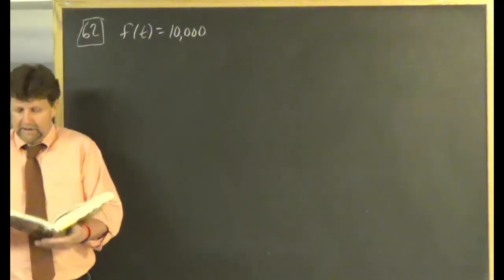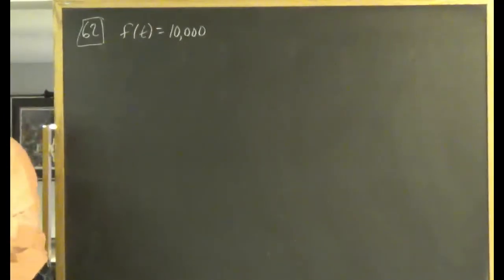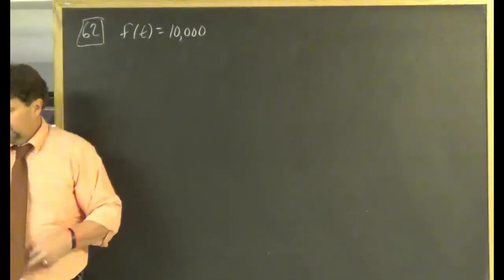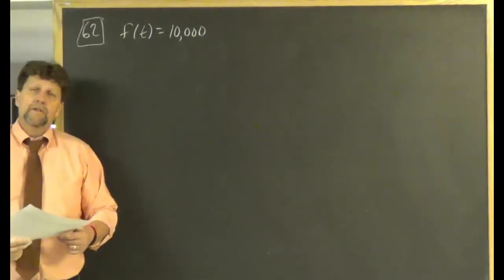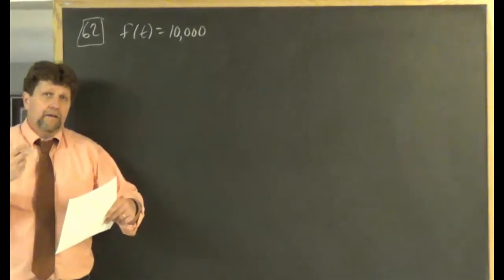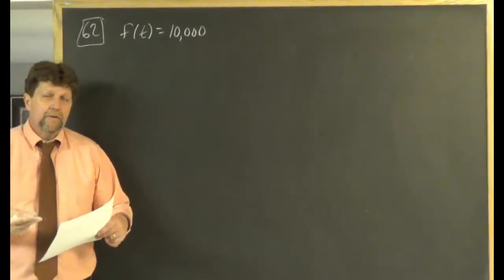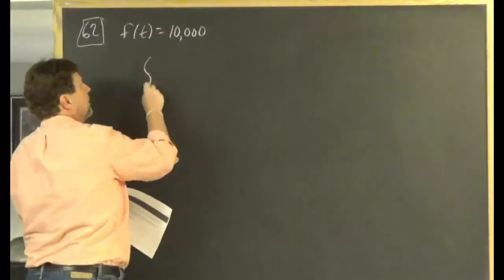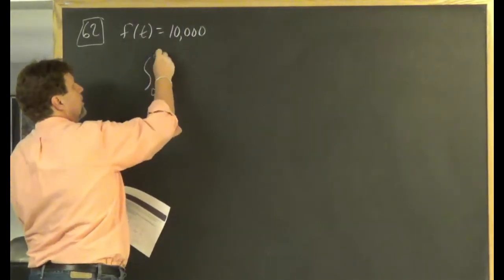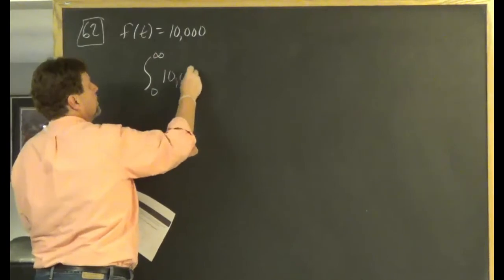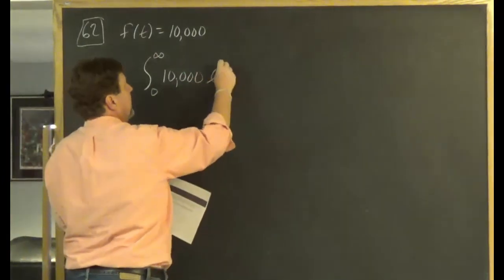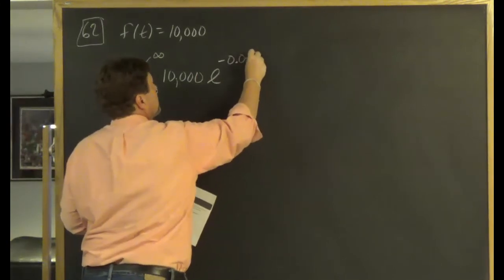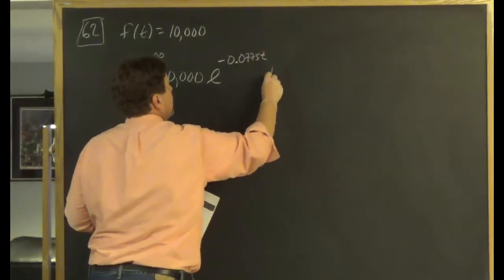All right, so let's see. We know the rate of flow function is 10,000, so I went ahead and I wrote that down. F of t is 10,000. So it's that old present value type problem, except we're integrating on the interval 0 to infinity. 10,000 e to the negative 0.0775t dt.